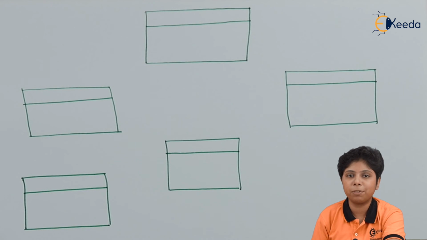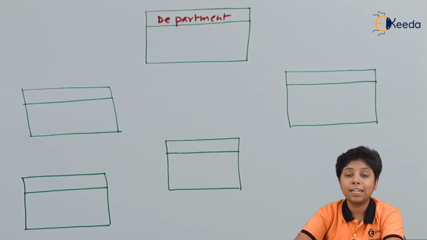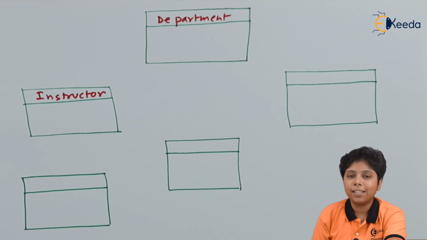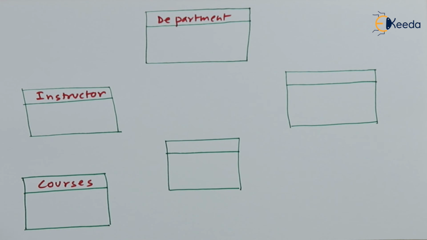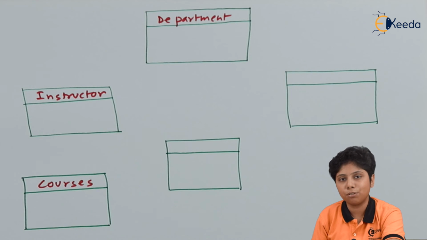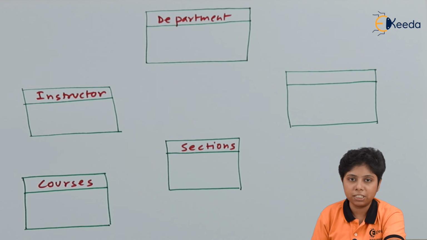So the first relation will be department. Next are the instructors that will teach the students on the subjects. Next are the courses that we can teach in the universities. Next, the department has different sections that connect to different students. Finally, the students, who are the most important part of a university.